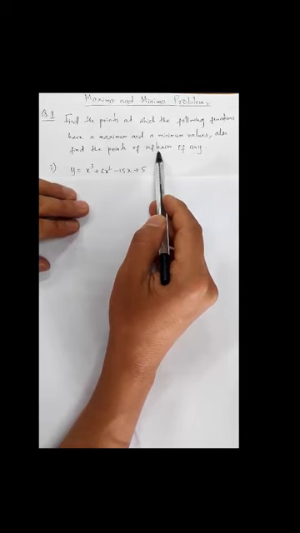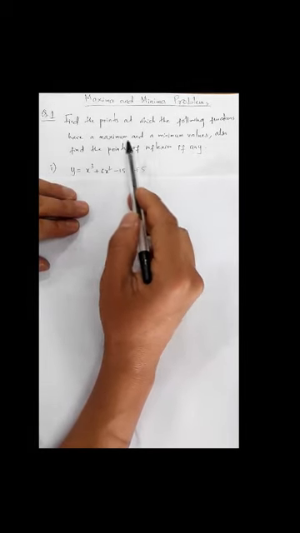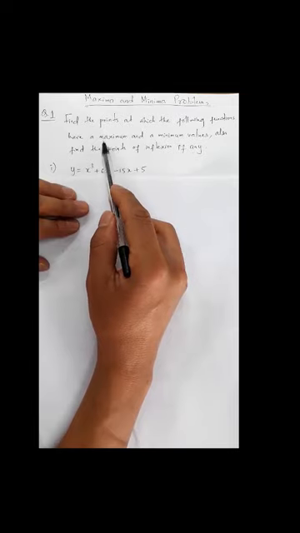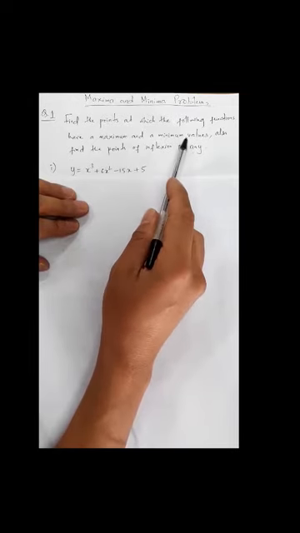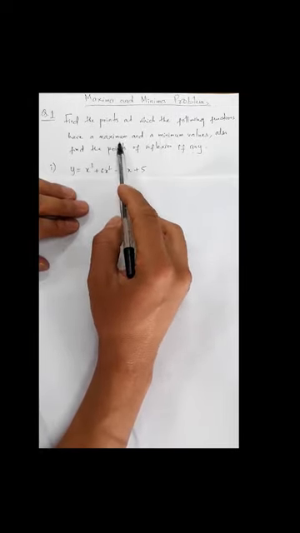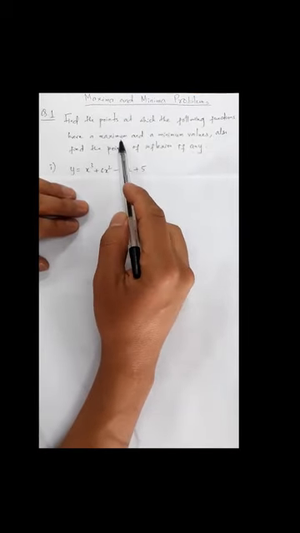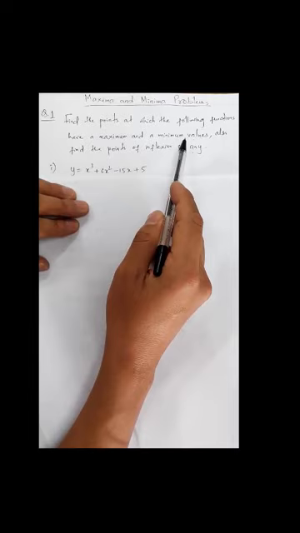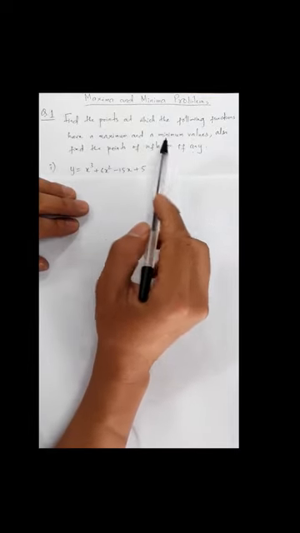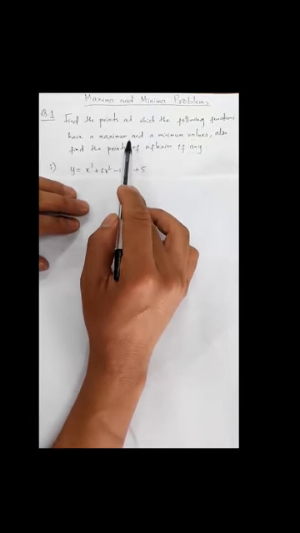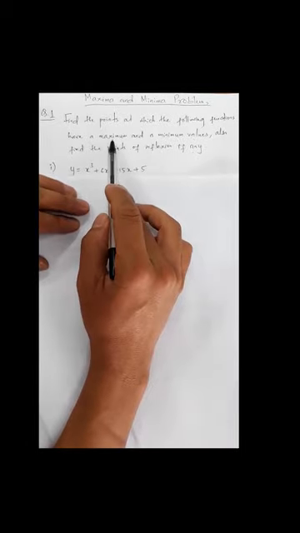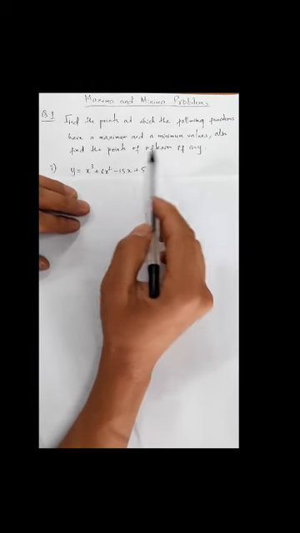Now one thing that you need to be clear is that the question is asking you to find maximum and minimum values, not maximum and minimum points. There is a difference between maximum and minimum values and maximum and minimum points. But here the question is specifically asking you to find just maximum and minimum values and inflection point if any.